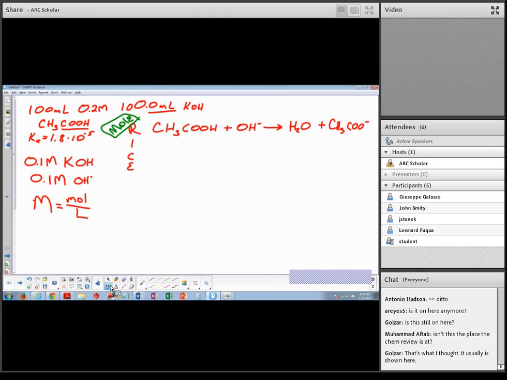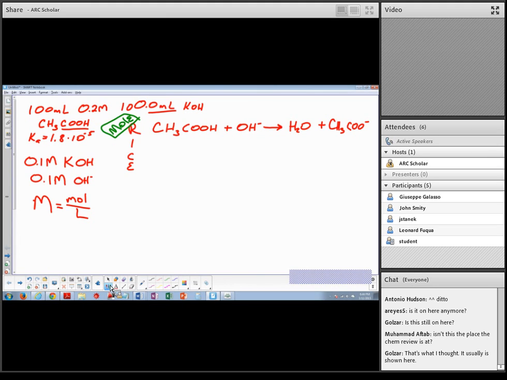Question? I just have a question. Why would you use moles here instead of molarity? Like when is the time that you use moles? So think about, remember doing limiting reactant problems? This is a limiting reactant problem. Remember when you did those, you had to get them both into moles first.